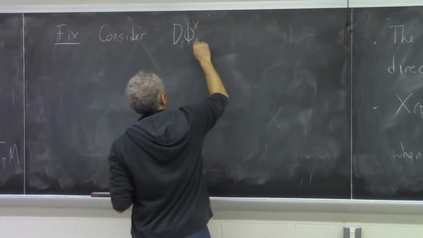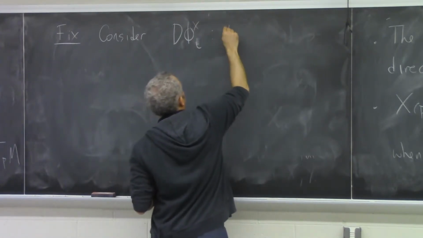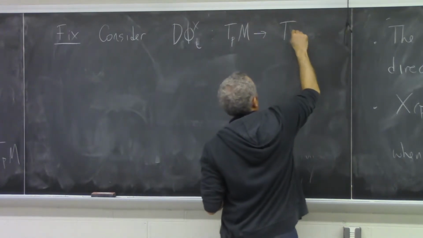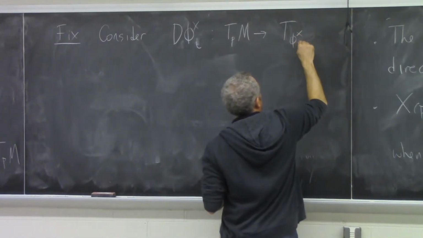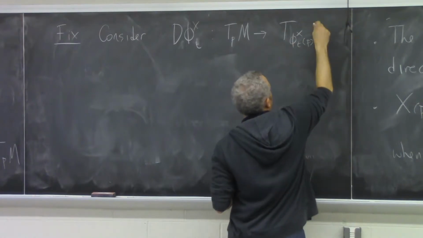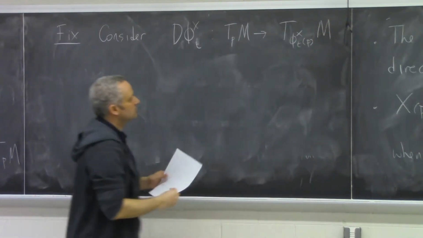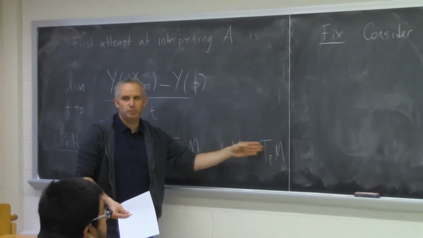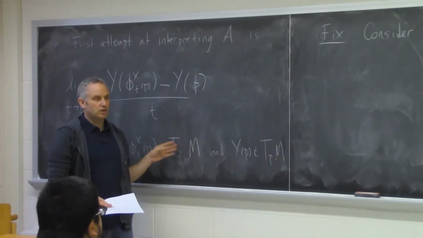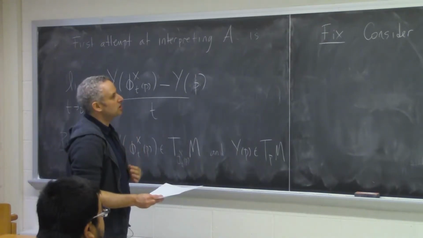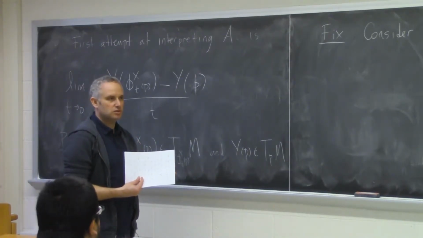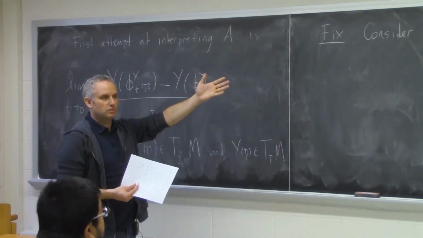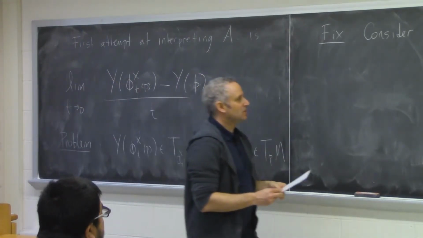But let me tell you the domain. So this takes T_pM to T at phi x t of p, the image of M. Okay? So this is a map from this vector space to this vector space. So then the question is, does it identify the two spaces? We don't know. It could be the zero map, right? But we know it's not. How do we know it's not?